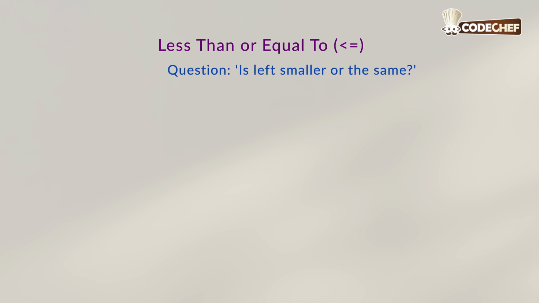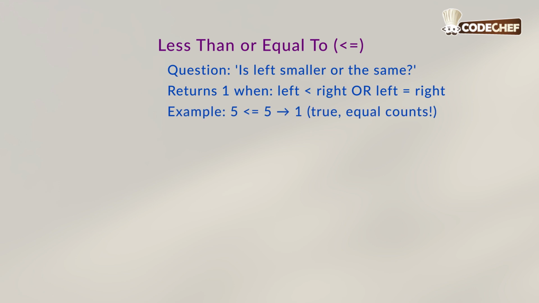Now, less than or equal to. The question asked is, is the left value smaller or the same? It returns 1 when the left value is smaller than the right value or left is equal to right. For example, 5 is smaller than or equal to 5, which is true because they are equal, and 3 is smaller than or equal to 5, which is again true because it is smaller.